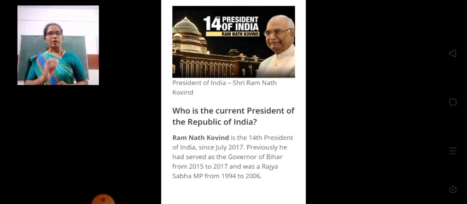He is the 14th president of India. Let us see some of the powers and rights entrusted to the President of India, and how the President is elected.